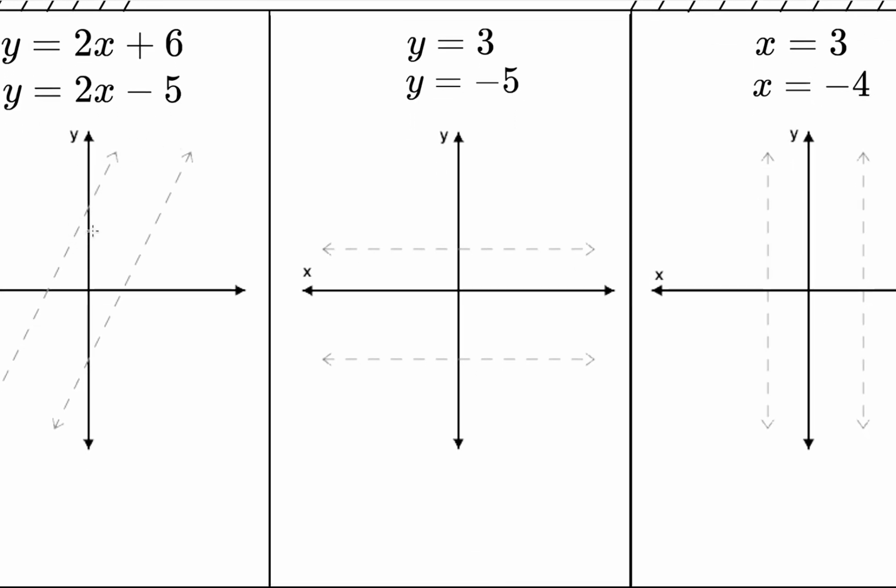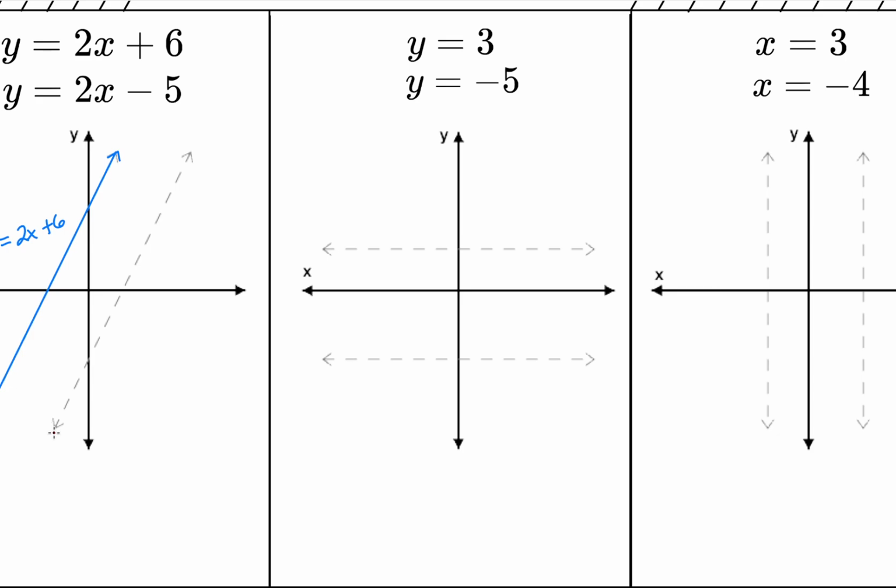The first graph here on the left, we have two equations, y equals 2x plus 6 and y equals 2x minus 5. We're going to use the left line here to represent 2x plus 6. So we're going to trace over this with our blue line. This is y equals 2x plus 6.